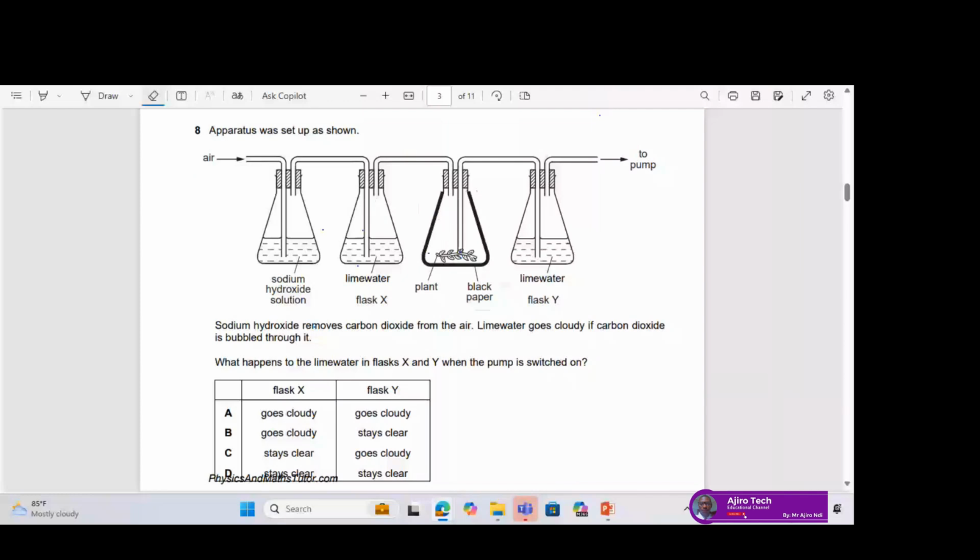Yes. In aerobic respiration, glucose plus oxygen gives carbon dioxide plus water plus energy.